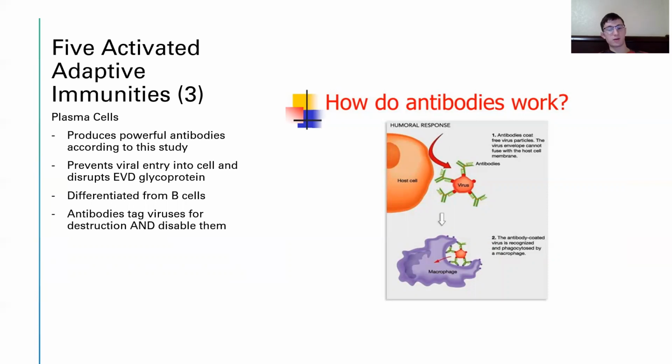They simply produce antibodies that tag pathogens for destruction, and they also disable them. That's very important. Not only do antibodies tag viruses for destruction by a macrophage, but they also disable the virus from even being able to affect any kind of monocyte that comes and destroys them. So that's kind of cool.